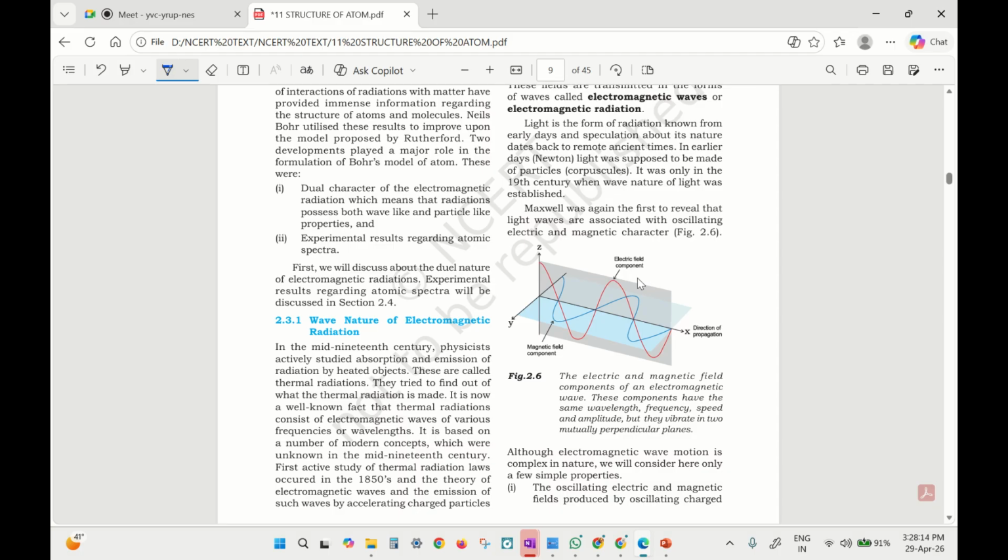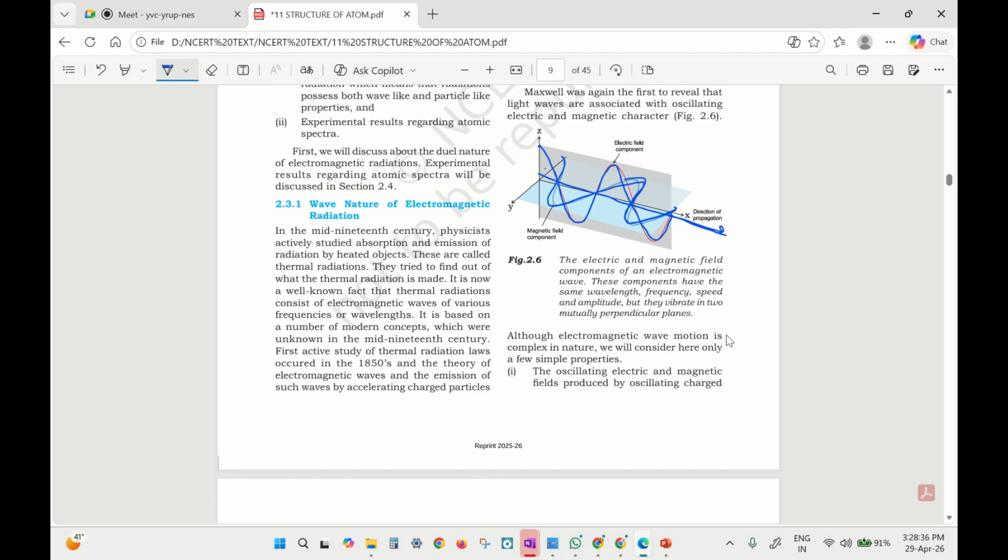Okay. So why do we say electromagnetic? This is the path of propagation. Then this is the electrical component of that radiation, and in the perpendicular plane is the magnetic component of that electromagnetic radiation. Okay. So it travels in the form of a wave. When it is traveling in the form of a wave, it should have certain frequency, certain wavelength.